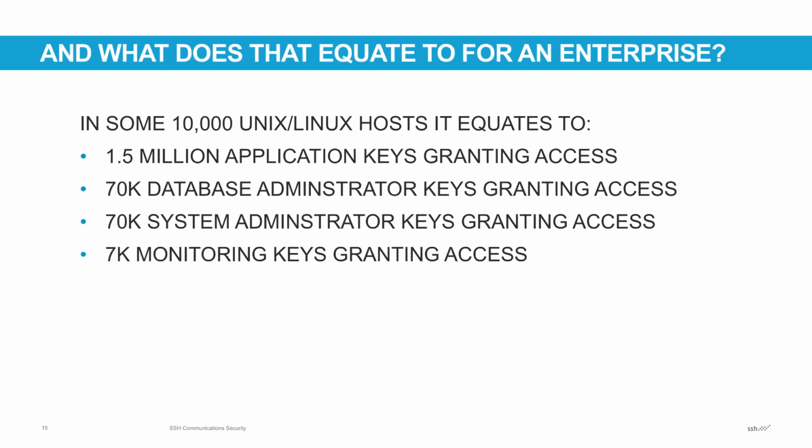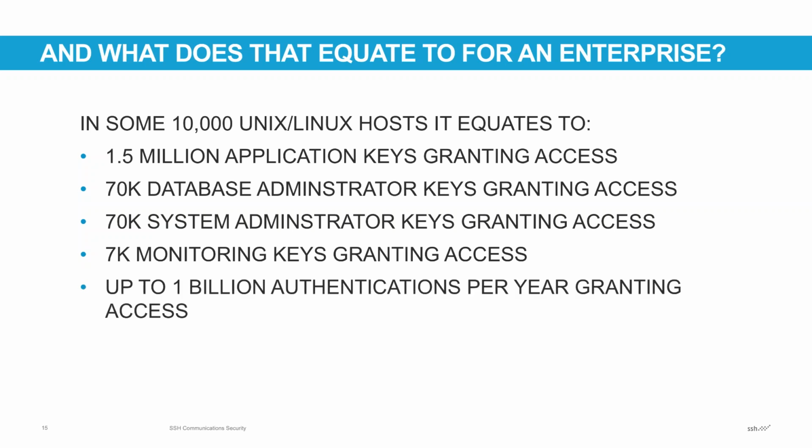That goes back to your automated processes that are running monitoring, and they're granting access. They had up to 1 billion authentication keys per year granting access. Scary numbers. And the worst part of it all is the majority of the access is obsolete.